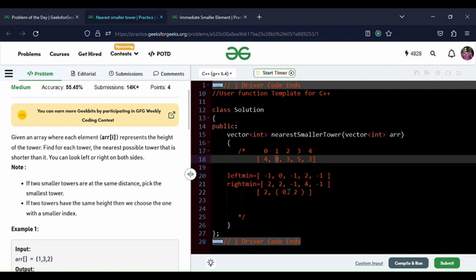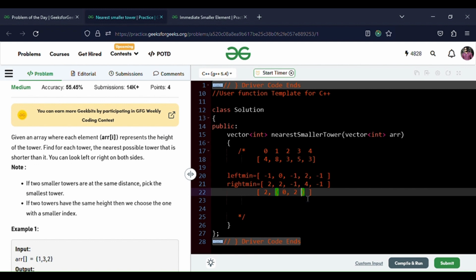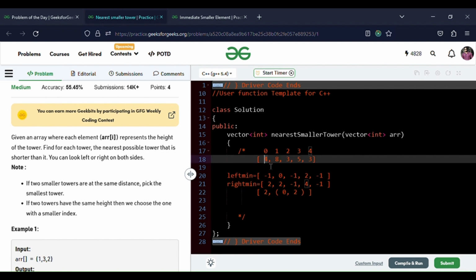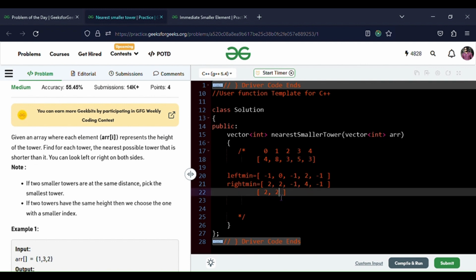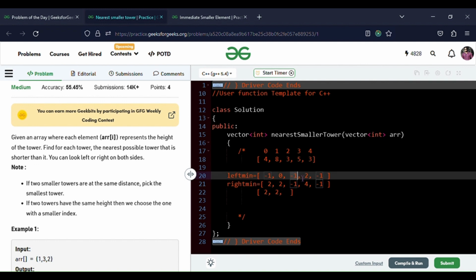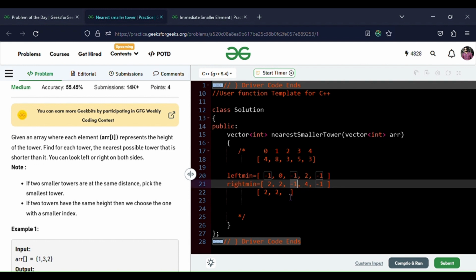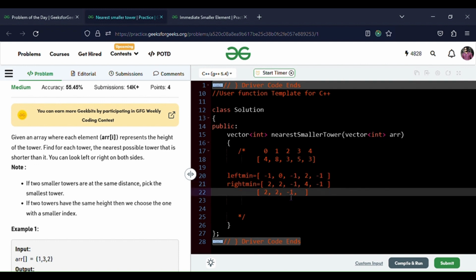Let us see the height of the tower. At 0 index the height is 4, at 2 index the height is 3. We have to pick the minimum, so the minimum is 3 and it is at index 2, so we will write 2. For 3 there exists no element on the left side and no element on the right side, so the answer for this will be -1.